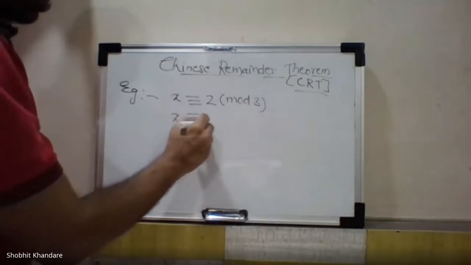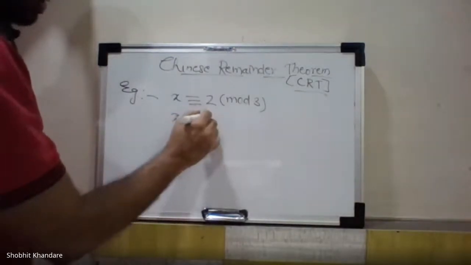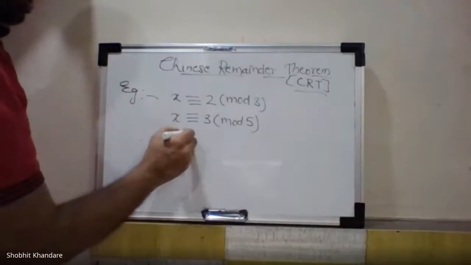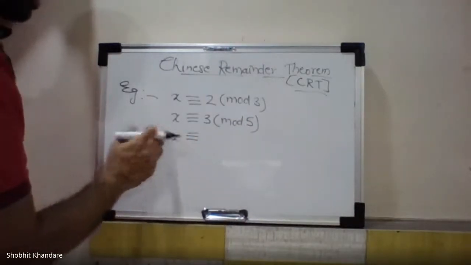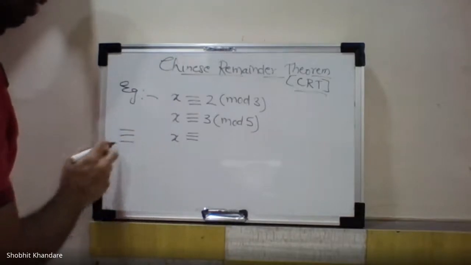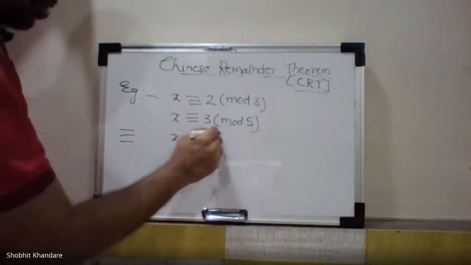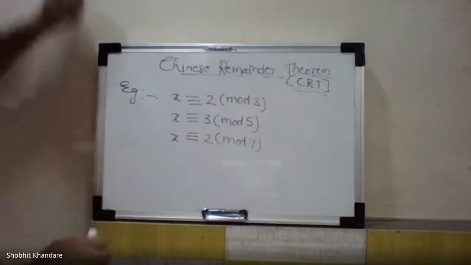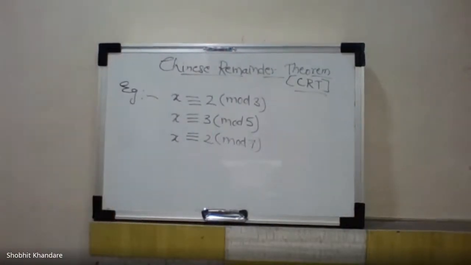Then x congruent to 3 mod 5, and x congruent to 2 mod 7, modulo 7. This is said as congruent; where we normally write equal with 2 lines, here we are writing 3 lines. We'll see how you implement the CRT, and what the meaning of congruent is.